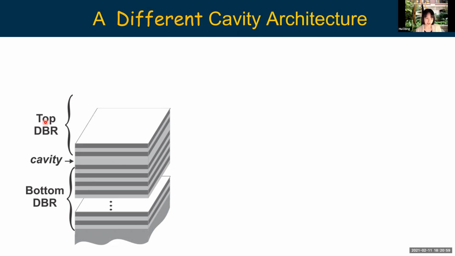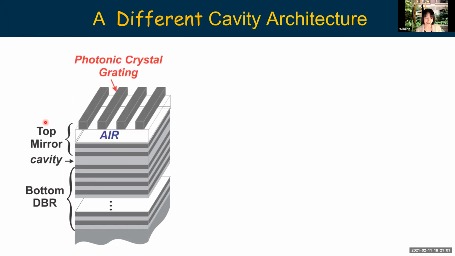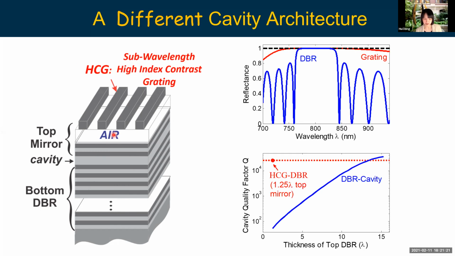So what we do is remove such a stack and replace it with a photonic crystal grating. The simplest type of photonic crystal is just a grating. So instead of vertical feedback, we utilize horizontal feedback to form a mirror. If you're interested, I can explain why it works well, but it works well and could even work better than the conventional types.